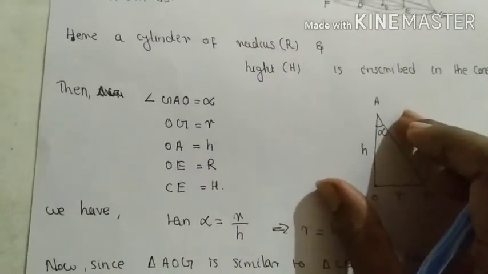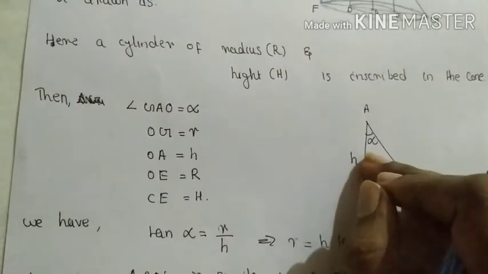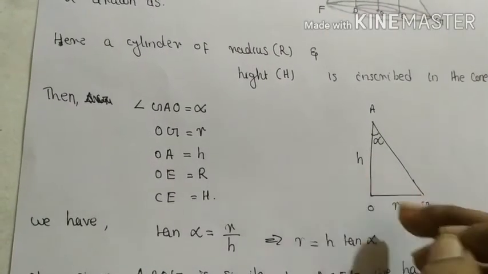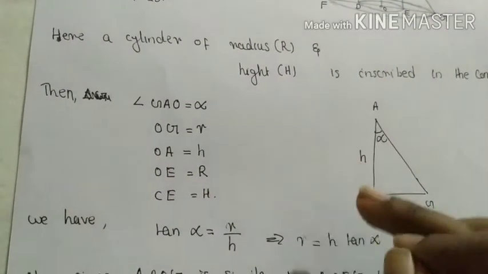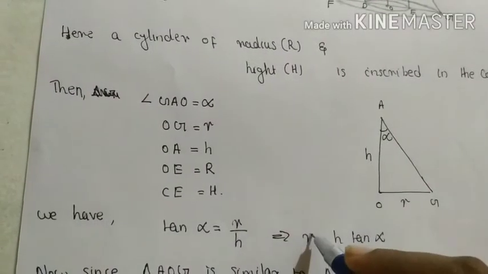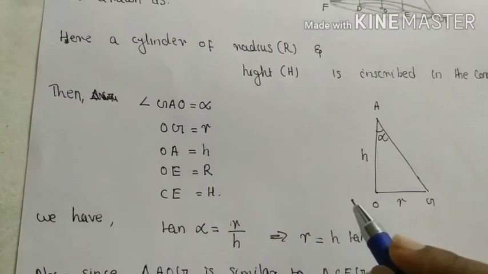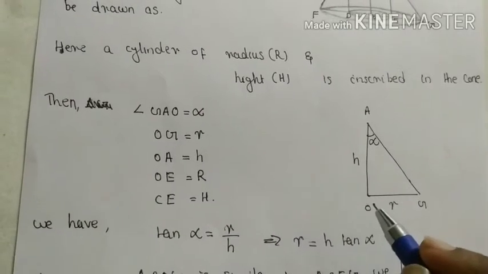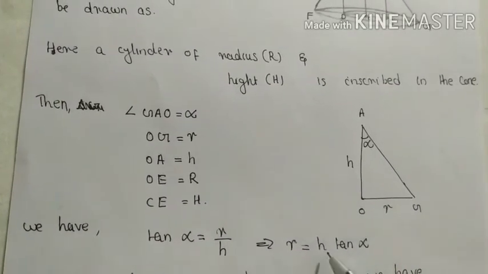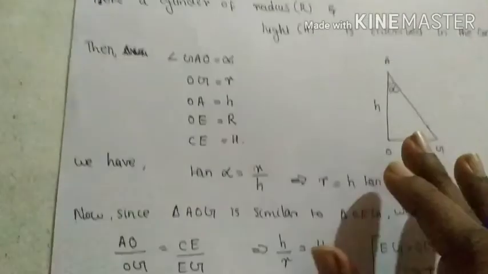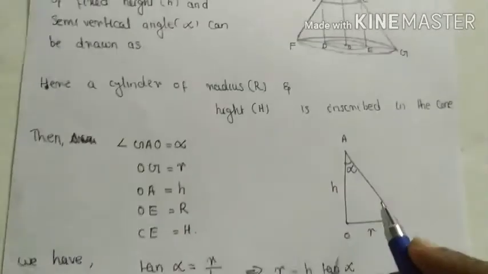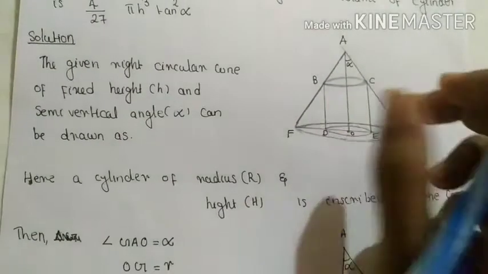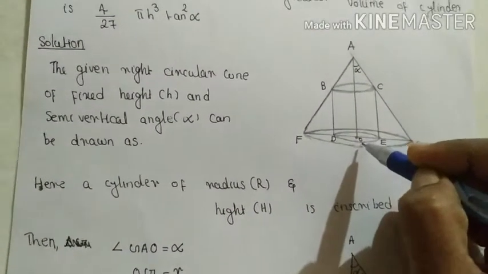So from this triangle, tan alpha is equal to opposite side divided by adjacent side, that is r by h. From here we get r, the radius of the cone, equal to h tan alpha.